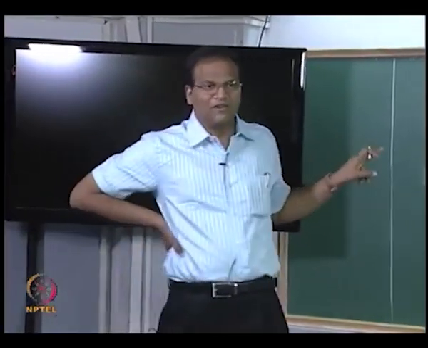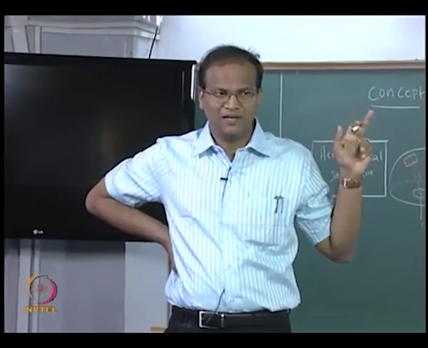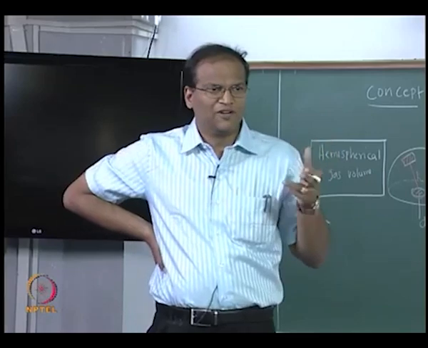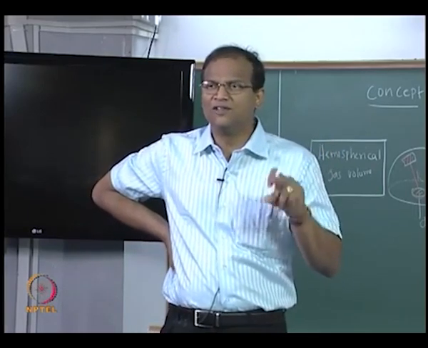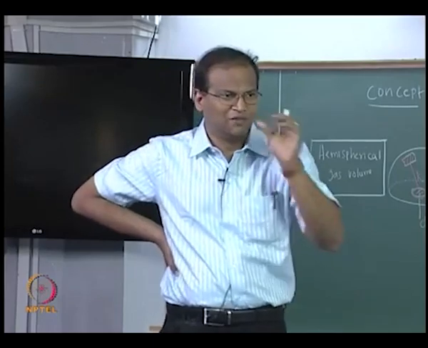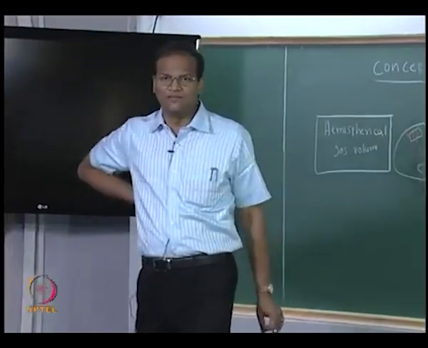In that, the hemispherical gas volume and the parallel plate will also be there, but instead of 2L it may be 1.8L. There is a small difference because of the expansion of E3 of t in the vicinity of t equal to 0. It is not exactly equal to half.